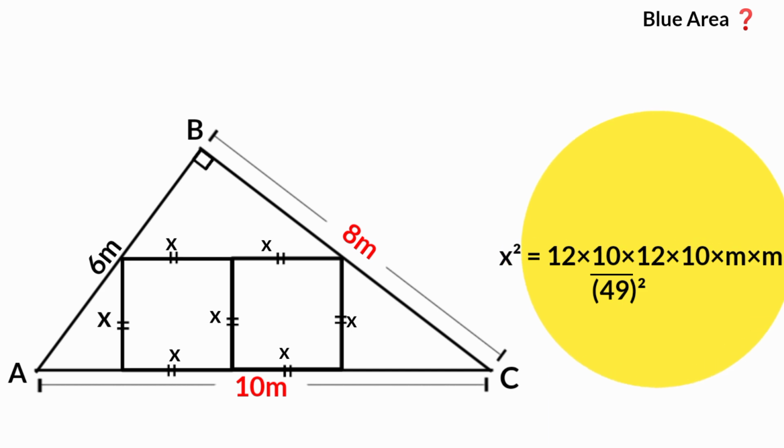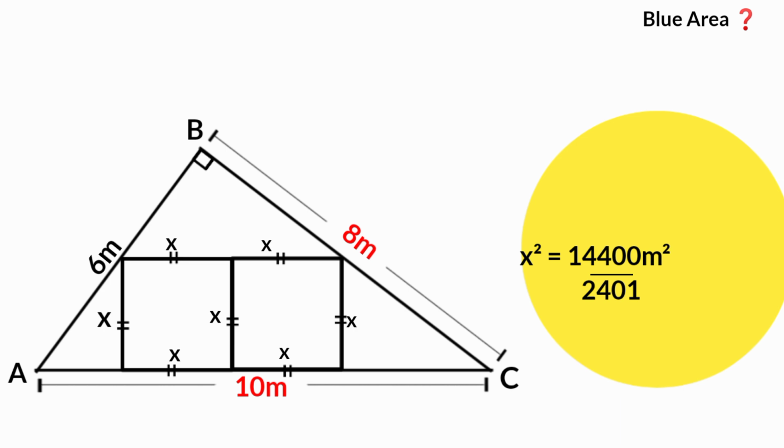So we now have 12 times 10 times 12 times 10 times meters. 12 times 12 we know is 144. 10 times 10 is 100. And 144 times 100 is 14,400. 14,400 times meters is 14,400 meters squared. While 49 all squared is 49 times 49, which if you solve will give you 2,401.